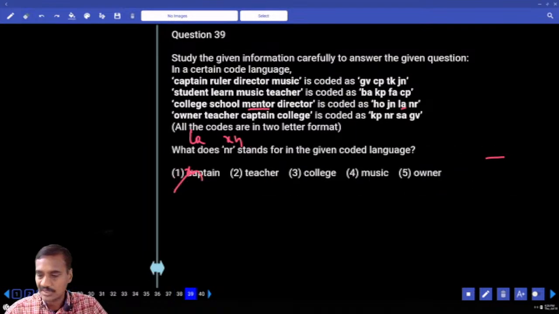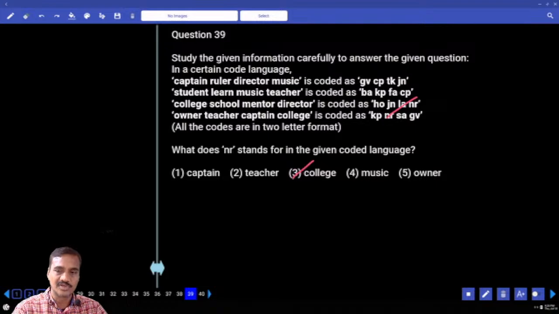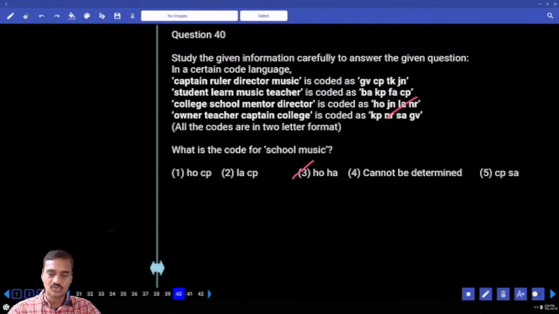Then the 39th one, NR stands for. Where is NR? NR is given between 3 and 4. And NR is common between 3 and 4. And which is common between 3 and 4? College. And the word that is coded as NR is college. And 40th, school music.